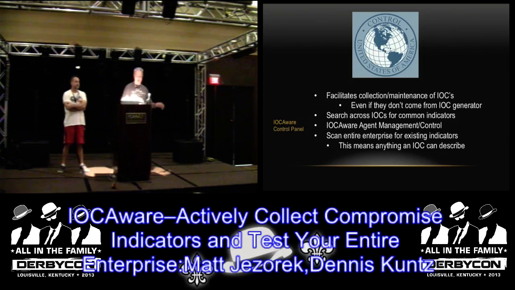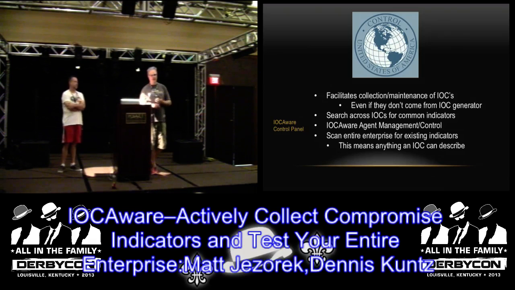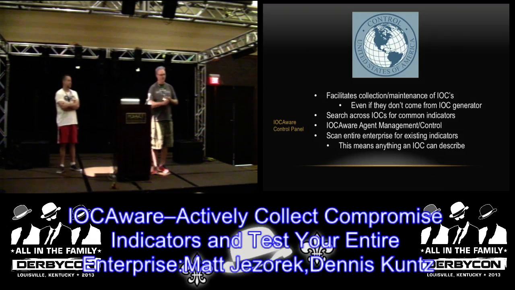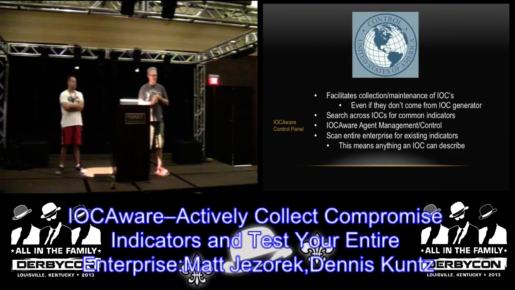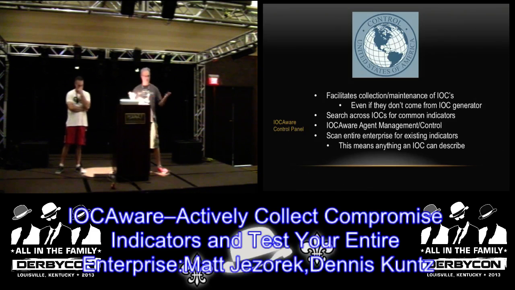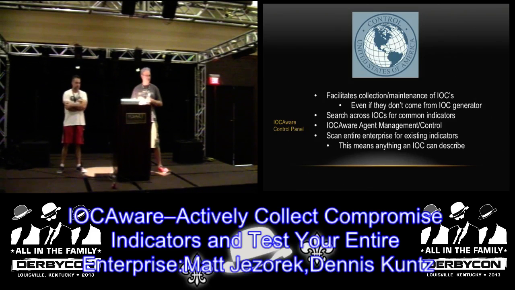So we made the control panel, which facilitates inputting an IOC or pulling an IOC from any source. We'll consume any RSS feed that has an IOC in it and drop it into your stuff, so anybody can publish it. If you have a threat intel agreement with somebody else, as long as they publish it in an RSS somehow, even privately, you can consume it and pull it in. You can then look across all the IOCs that you have if you're looking for specific indicators.